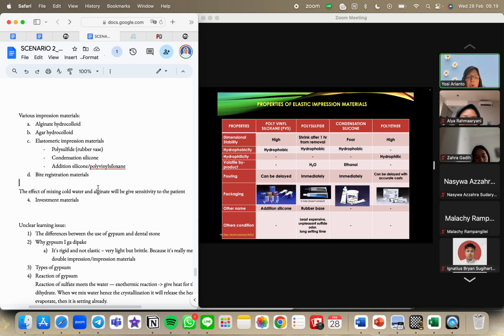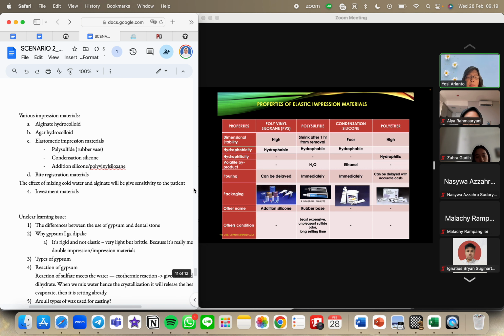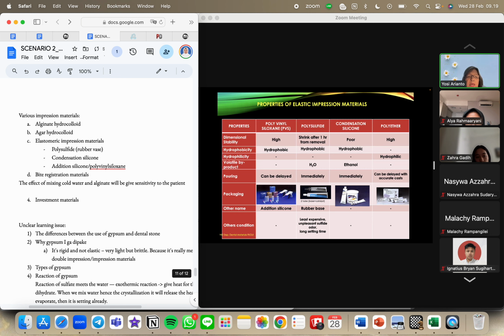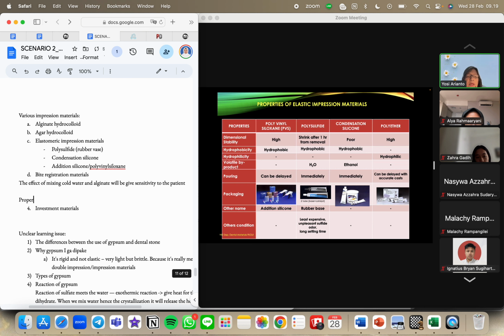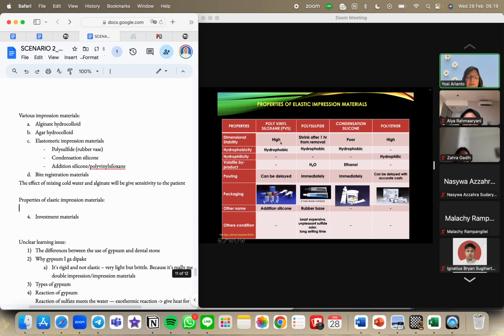Usually, if there is no volatile byproduct, then the impression material is very stable. Like this PVS, it's very stable. The stability is very high.